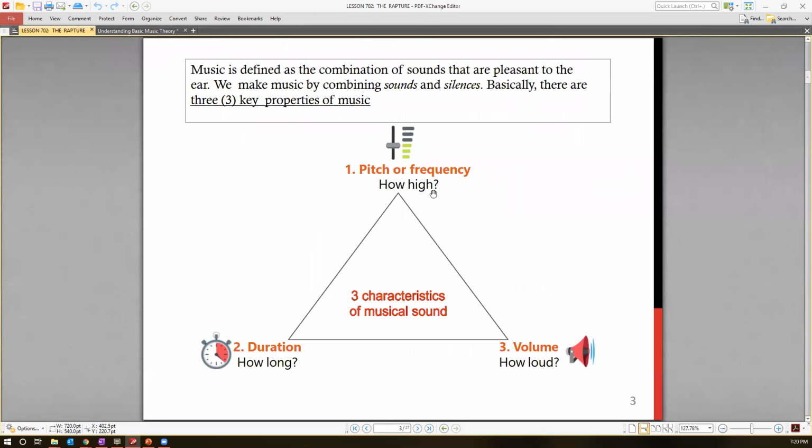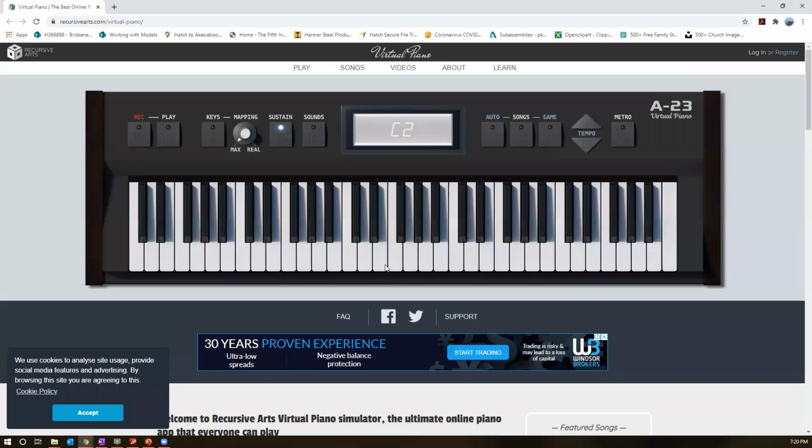Now we're going to go to duration. We're talking about duration, how long a note is held. So for example, if I'm playing Twinkle Twinkle Little Star, right?